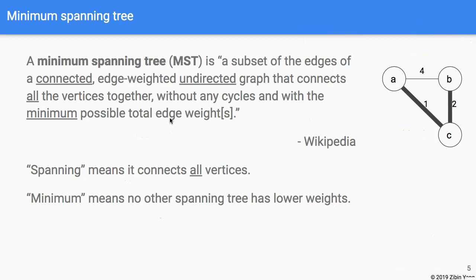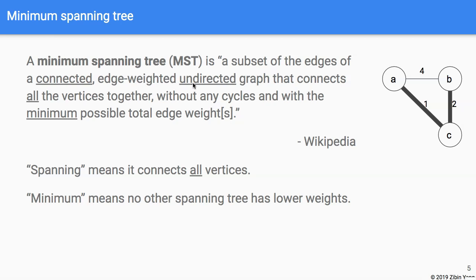So a little more formally, when we talk about minimum spanning trees or MST, we're talking about it in the context of a connected, edge-weighted, and undirected graph. Connected means all the vertices are connected to each other. There's not a single vertex that is disconnected from the rest of the vertices. Edge-weighted just means each edge has a weight, just like all the graphs that we discussed previously.